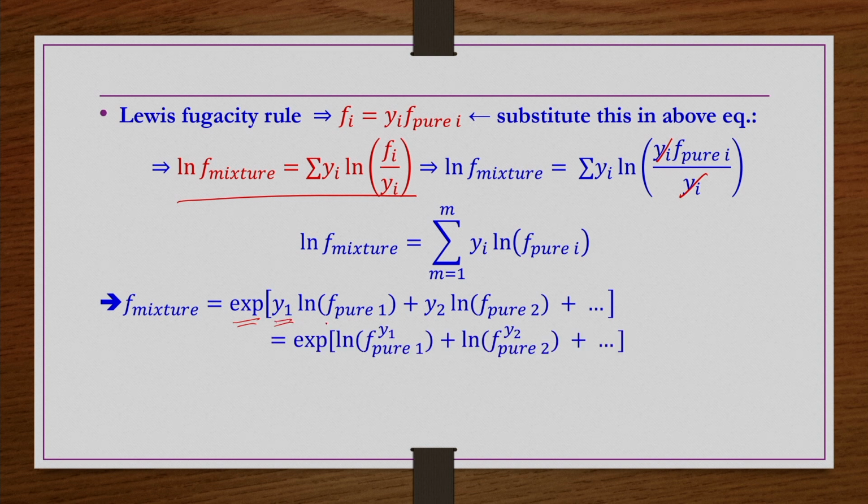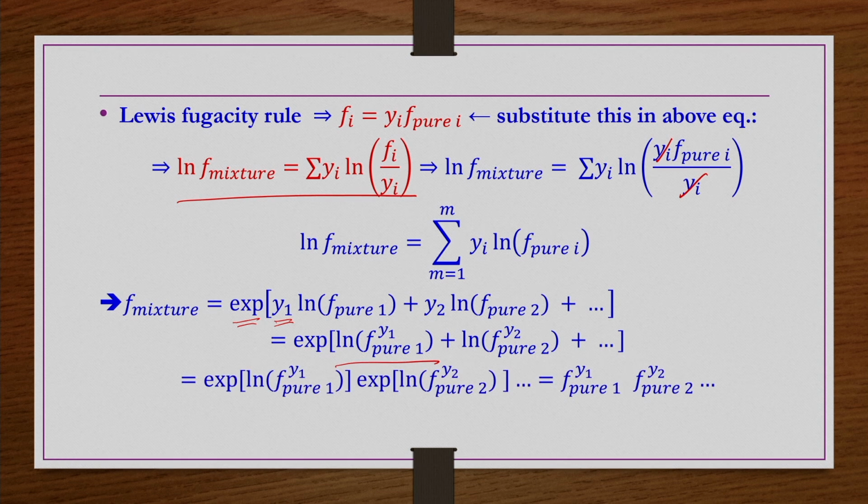The yi that is there before ln f pure i, we take inside the ln part, so that we get ln f pure i power yi. That is ln f pure 1 power y1 plus ln f pure 2 power y2 and so on. Now we write this exponential of a plus b as exponential a times exponential b. So, then we have this form.